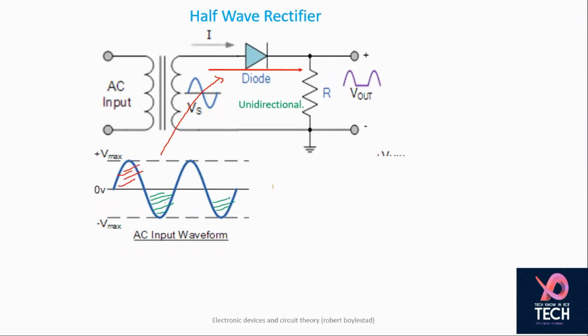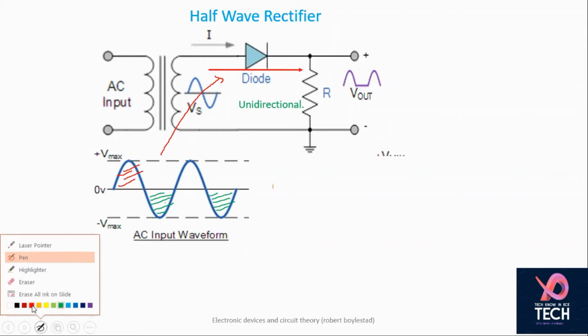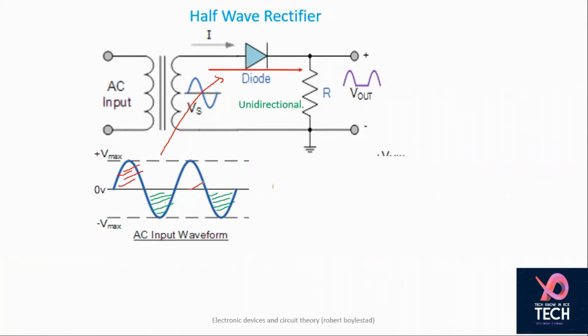So what happens when you actually apply this AC signal onto the diode? Then this positive half is applied, and when the positive half is applied, this diode is on. So the diode will allow this particular positive cycle to pass.